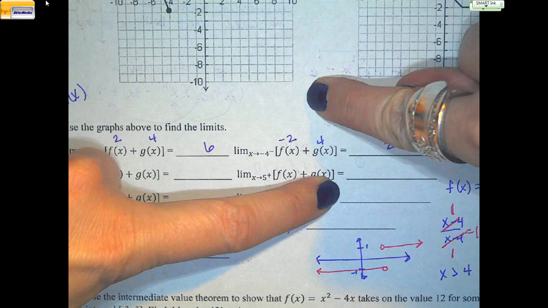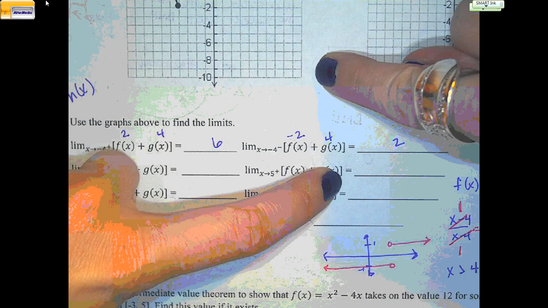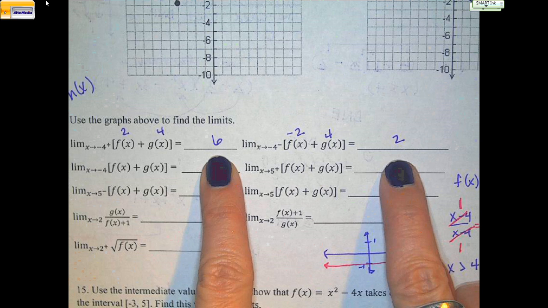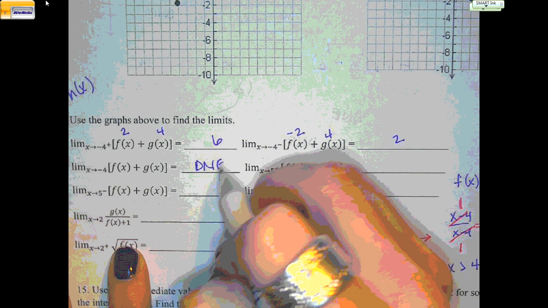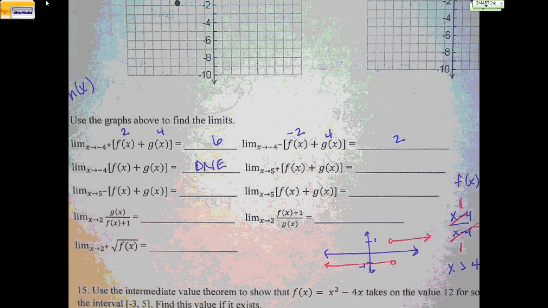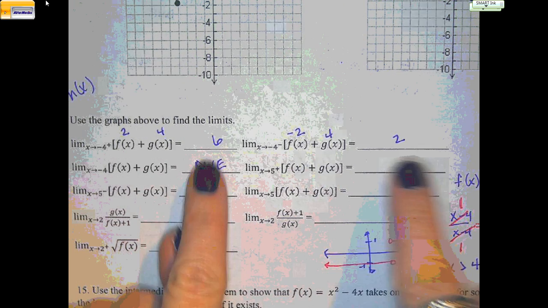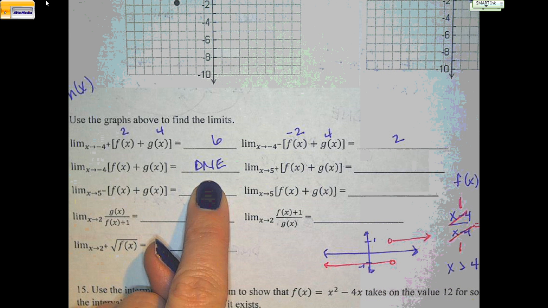So the limit as we approach from both sides is what? Doesn't exist because these 2 values are different. Some of you tried to use the 2 graphs to get you there, and you got the right answer on accident. So be really careful, make sure you know why you got doesn't exist. If these 2 values matched, then you'd put that same value in the third box, or third blank, okay?